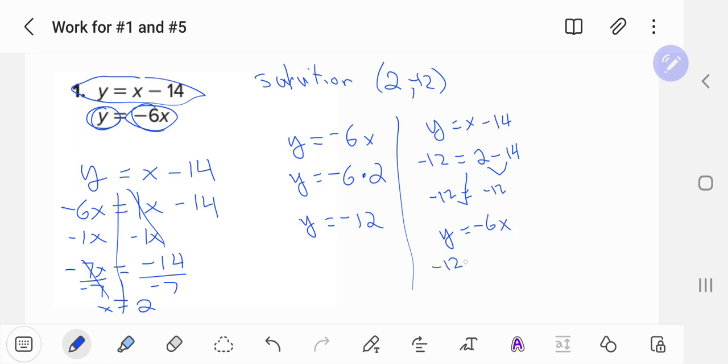We put the negative 12 here, negative 6 times 2, and we see that the left side that we plugged in is equal to what we calculate when we plug in the right side. All right, so that checks out, so we can circle our solution with confidence. The one ordered pair that would make both of those equations true is 2 comma negative 12.